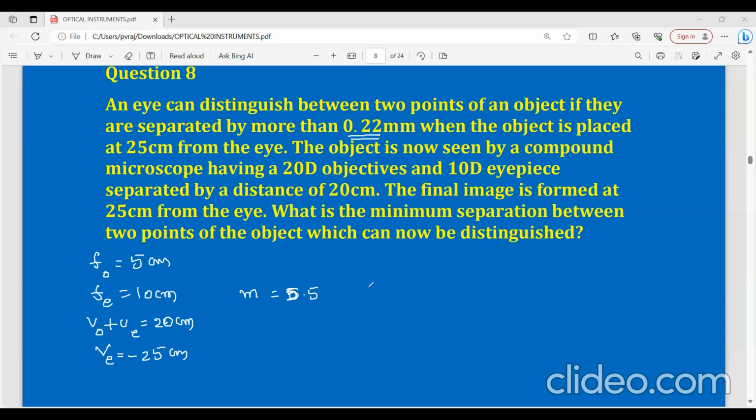So the minimum separation you can see by using the compound microscope is nothing but 0.22 millimeters by 5.5. How much more magnification you get, that much smaller separation you will be able to see. So this gives the answer nearly equal to 0.04 millimeters. Again and again, the same method we have to follow. That's why I skip here. Okay, please solve that.